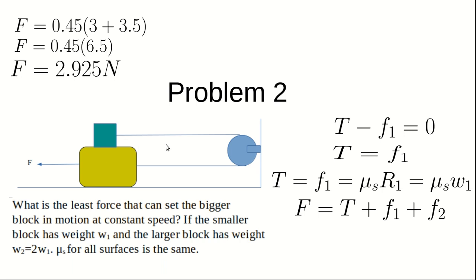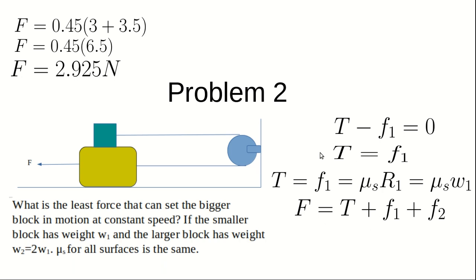So there are 3 forces opposing this particular one. So that's why we have F equal to this. And because this one is set at a constant speed, we have F minus T minus F1 minus F2 equal to 0. We now move all this to the other side to be equal to this expression.